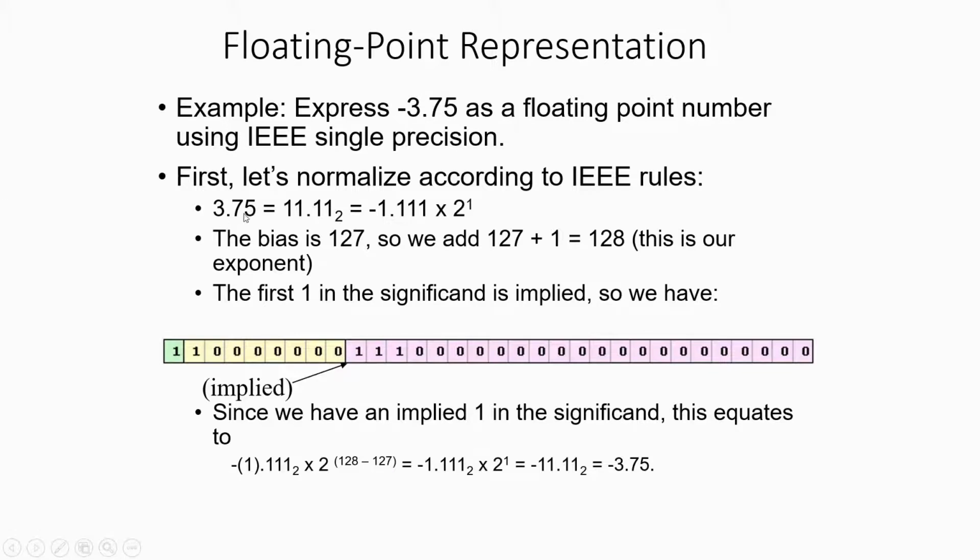That is 3.75 equal to, 3 will be converted as 11 in binary, whereas 0.75 will be converted as 0.11. We have seen the conversion in the last session. So I hope you understood how to convert this 3.75 to 11.11 with base 2.